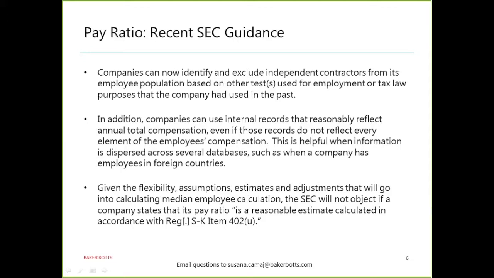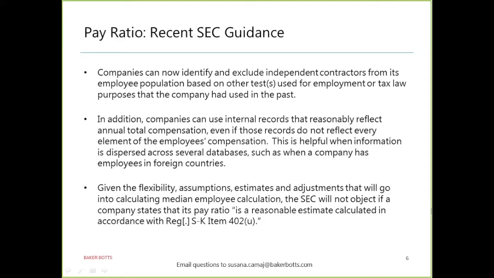The next bullet is we focus on the fact that the SEC in their interpretive guidance confirmed that companies can use internal records that reasonably reflect annual total compensation, even if those records do not reflect every element of the employee's compensation. And so ultimately, I think what this guidance was aimed at was a concern that maybe W-2 information wouldn't be able to pick up equity award grants that had been made in the year.